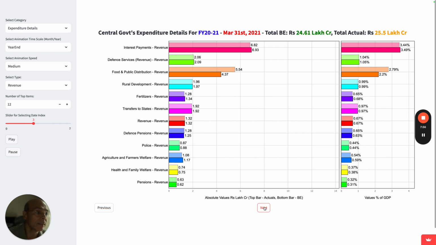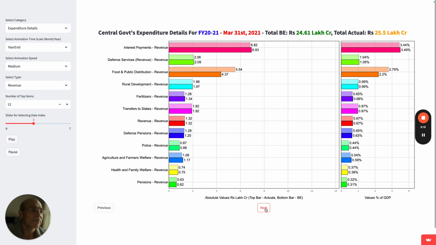Now it has increased to 0.65%, whereas the revenue pension also increased to 0.32%. And why did it happen? It happened because of a lower base. It was a COVID year, the GDP number decreased, and therefore the percentage of GDP numbers were affected accordingly.